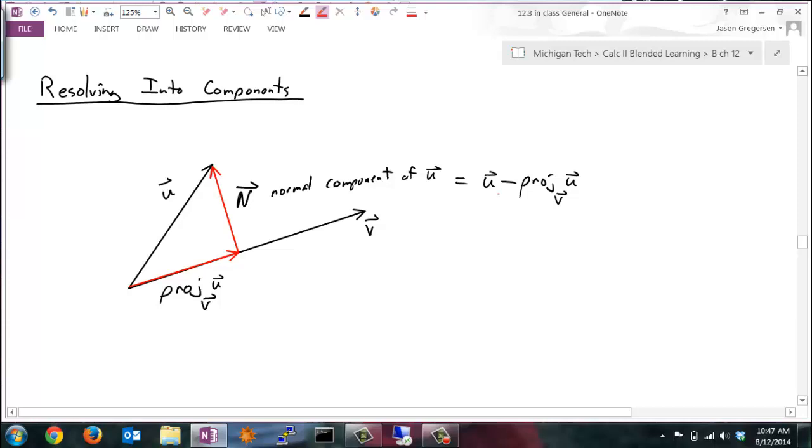We just get that by taking u minus the projection. So if I have a specific u and v, I have a formula for the projection. I can find that projection vector. And to find this perpendicular piece, I just take u minus the projection.